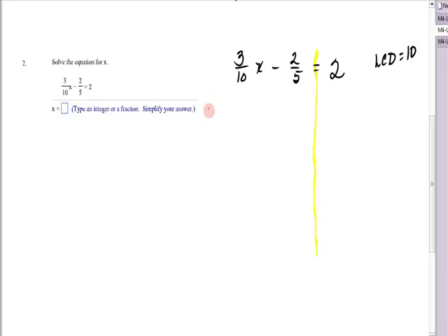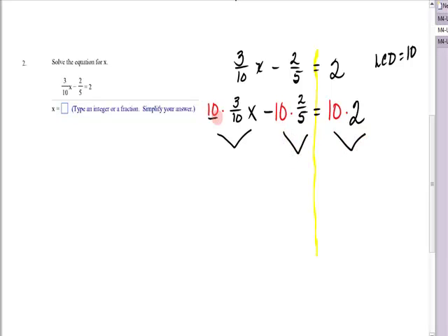So I'm going to multiply 10 times 3/10 x minus 10 times 2/5 equals 10 times 2. Every term gets multiplied by that, or you lose the equality. Put the 10 over 1.